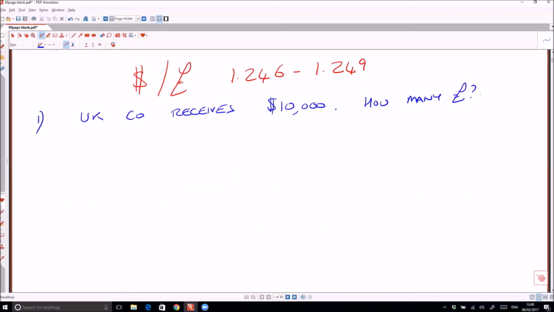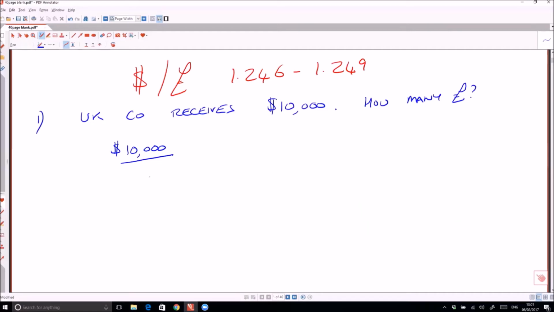Well, you're a UK company, you're receiving dollars, you don't like dollars, you want pounds, and so you're going to convert the dollars into pounds. And remember, the dollar here is the counter currency. If you're converting from the counter currency, rule number 1, we divide. We know there should be less pounds than dollars, and therefore it's logical to divide.